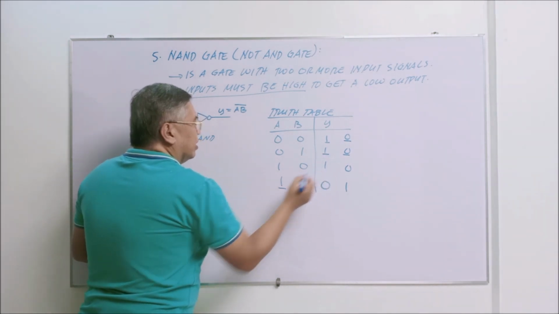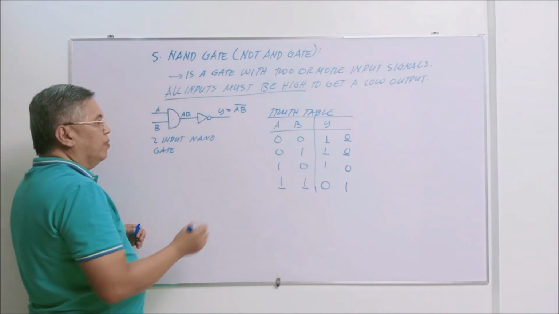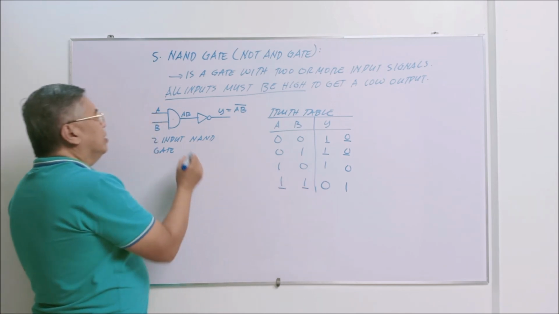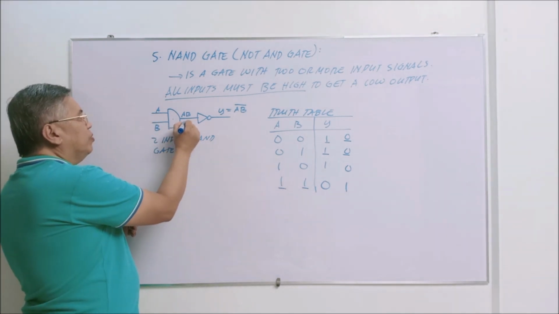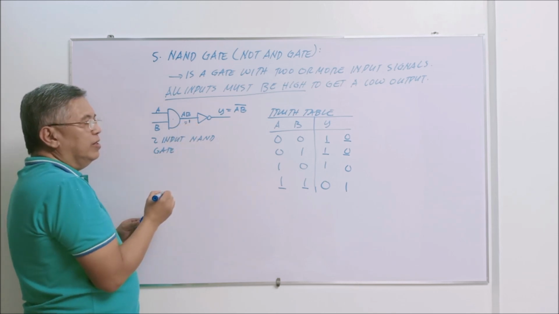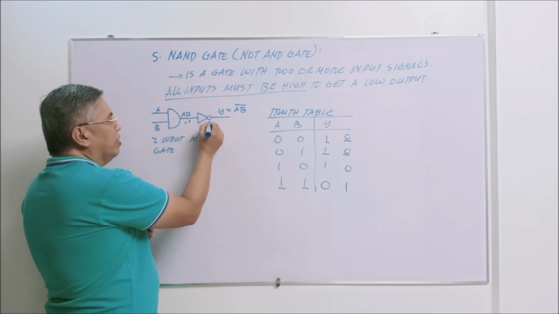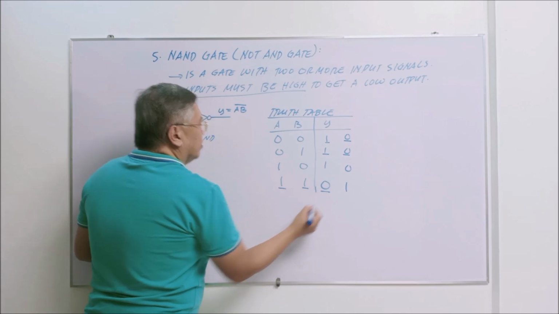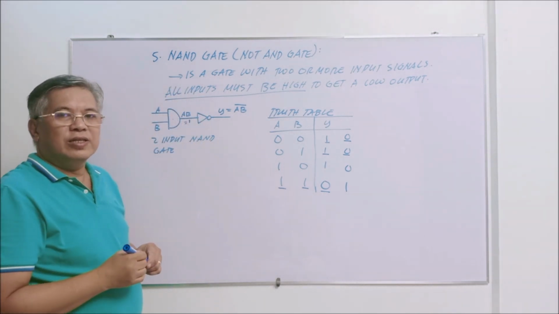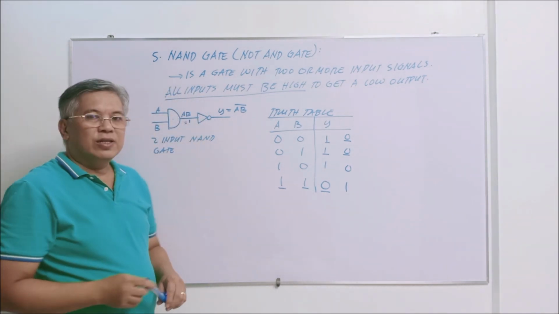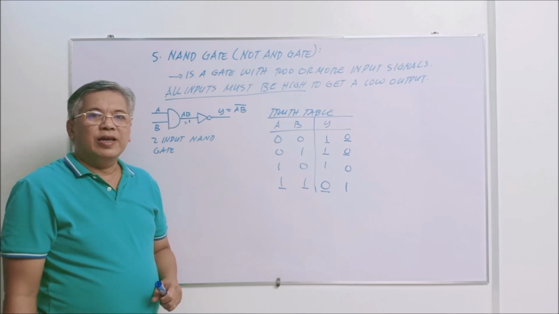The same goes for 1, 0. Once you have 1, 1, the output of the AND gate is 1, but once it passes through an inverter, it becomes 0. That is our two-input NAND gate.